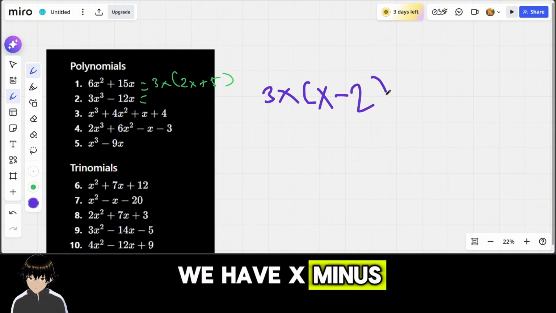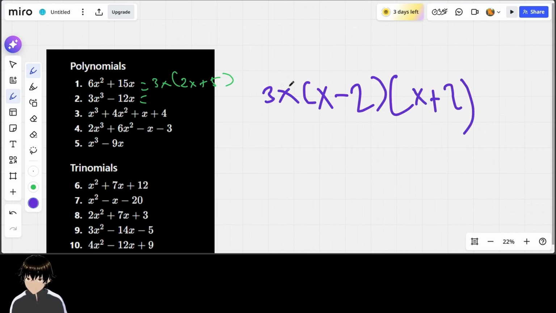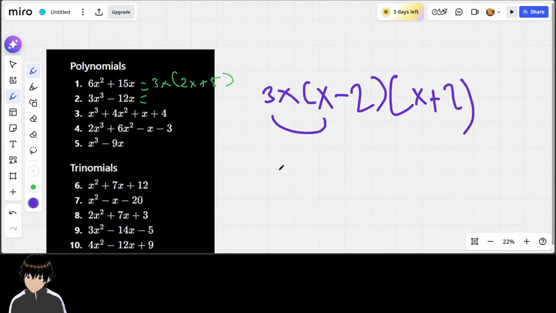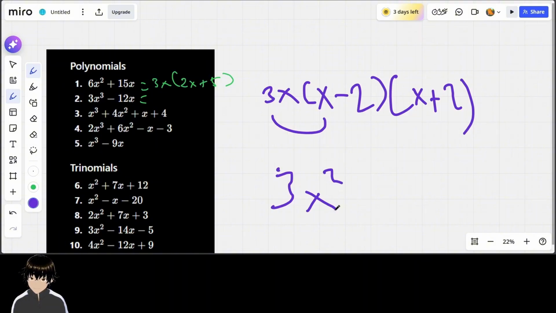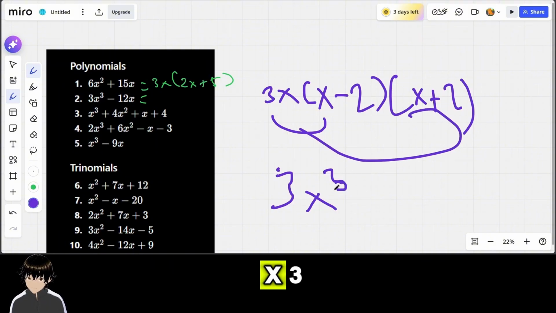We have x minus 2 times x plus 2. If I do this, we're going to have 3x squared, then if I times it again by this, it's going to be 3x cubed.